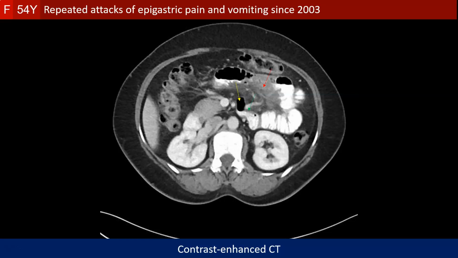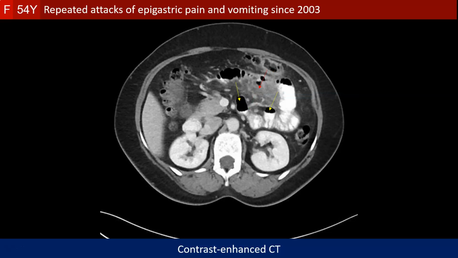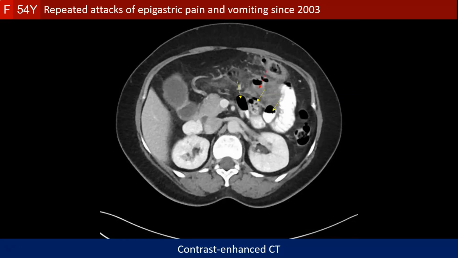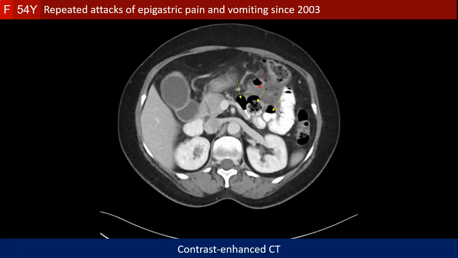The red arrow shows inflamed mesenteric fat. This is dirty fat of the mesentery. And we see another diverticulum now coming from the jejunum, and one more diverticulum coming from the duodenojejunal junction.